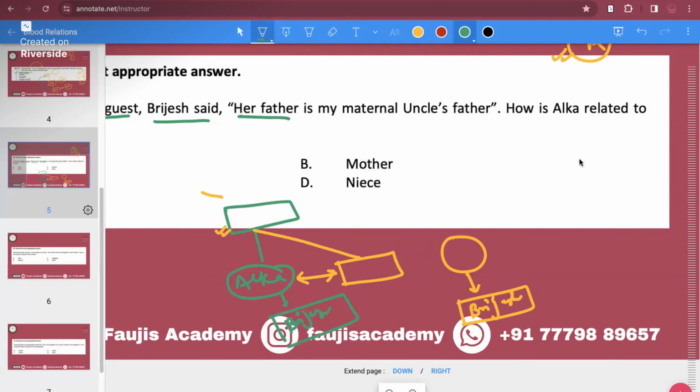And the other possibility is what? This old chap, his daughter Alka, and her brother, and again her sister, and that sister's son will be Brijesh. So the question is, how is Alka related to Brijesh?